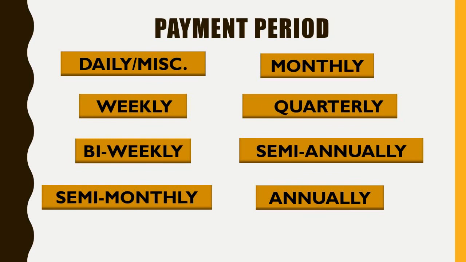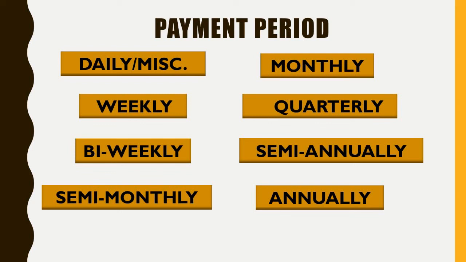So now we need to determine the payment period, or the pay frequency, right? Oftentimes what you normally see in a typical business is weekly, bi-weekly, and semi-monthly, okay? Now, we'll talk about every single one. So weekly means you get paid every week, okay?